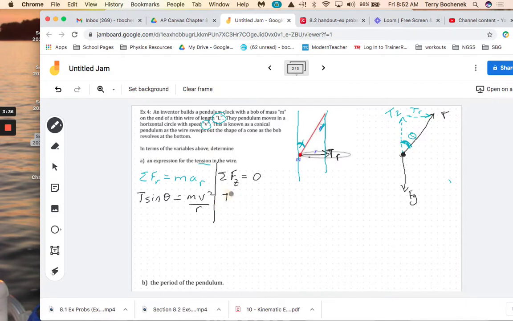So tension component in the radial direction, tension component in the z direction, just did radial, minus mg equals 0. So tension in the z direction, let me back up a step, tension in the z direction would be T cos theta equals mg.